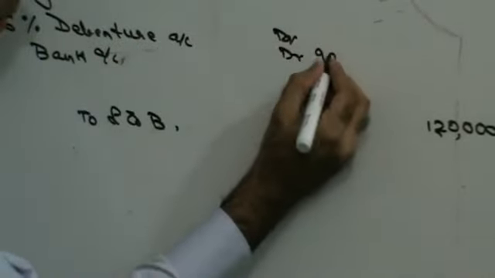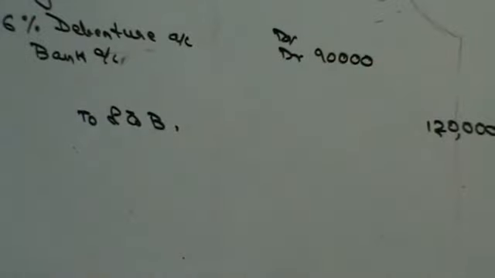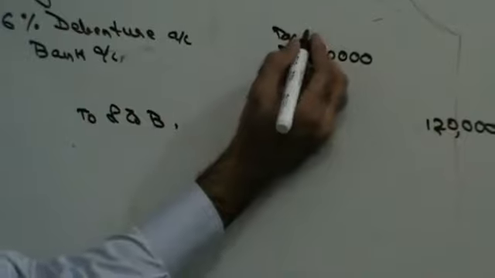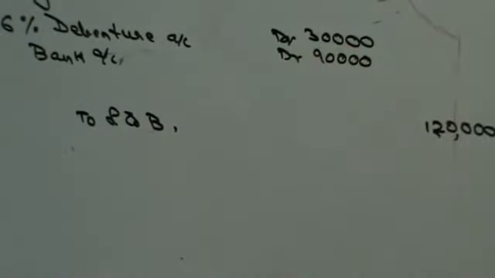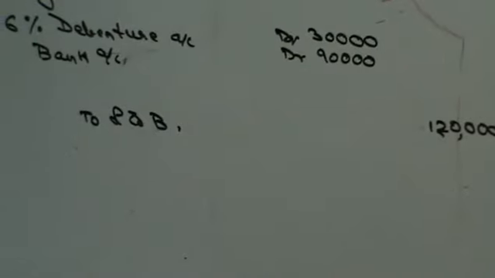Cash is coming in 90,000. Right? Besides that, they are saying that part satisfaction. Arrears of interest are paid. Okay. We'll pay that later. Now let's see this. So in that case, the difference is going to be 30,000. Right? Being debentures claim settled.